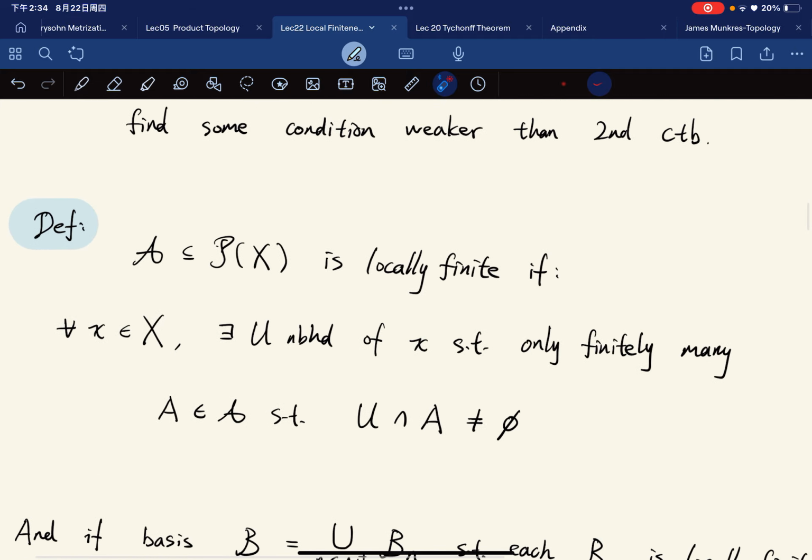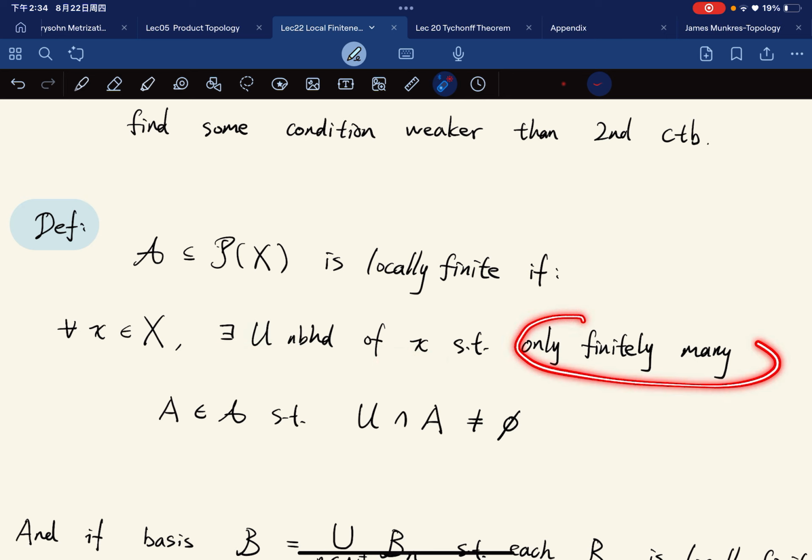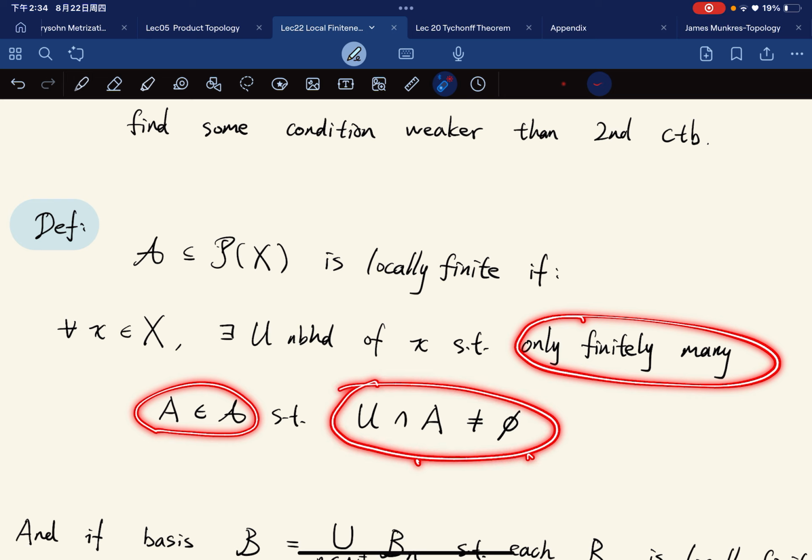So it was figured out by the mathematicians Nagata and Smirnov. They came up with the definition of being locally finite. A collection A is locally finite if for any point x there exists a neighborhood such that only finitely many elements in A are not disjoint from it.